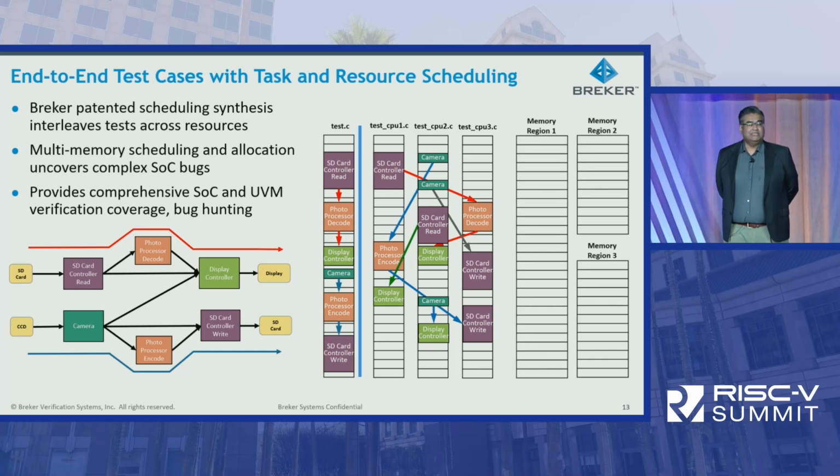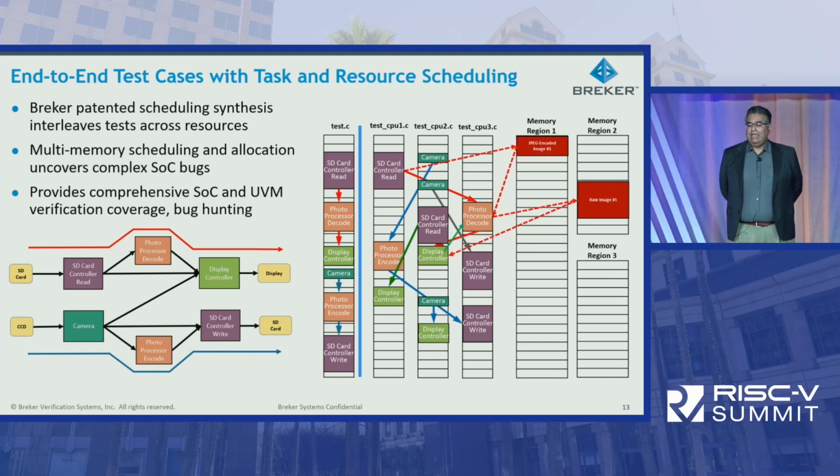The tool is also scheduling memory. We'll have our various memories, DDR, SRAM, flash, whatever, and the tool is scheduling at test generation time what memory goes where. If we're doing CPU designs, of course we're worried about where we're using our memory. If we're doing system designs, of course we're worried about where memory is being used and how we create memory conflicts.